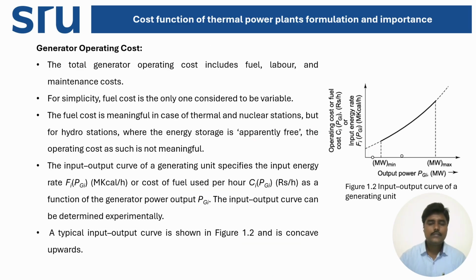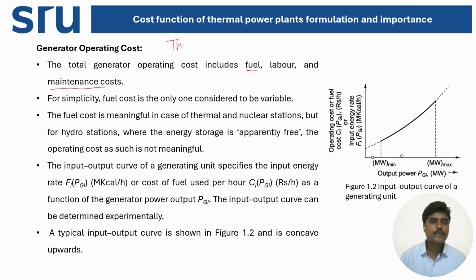Now let's see the generator operating cost. The total generation cost or operating cost includes fuel cost, the cost that we spend on labor, and also the maintenance cost. All the costs that we are discussing now are with respect to the thermal power plant.